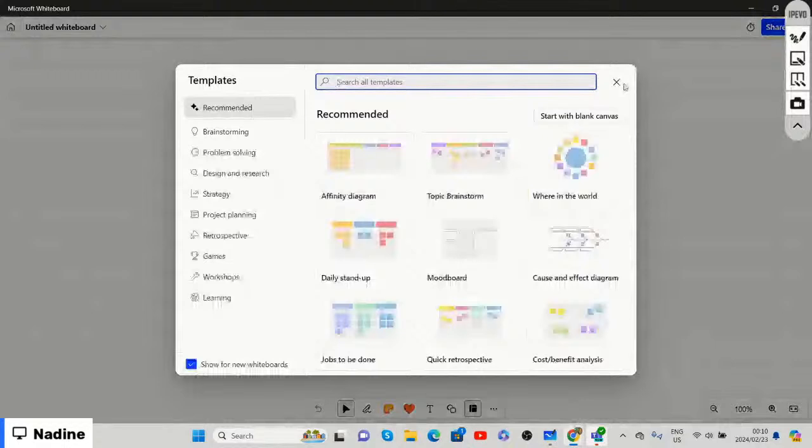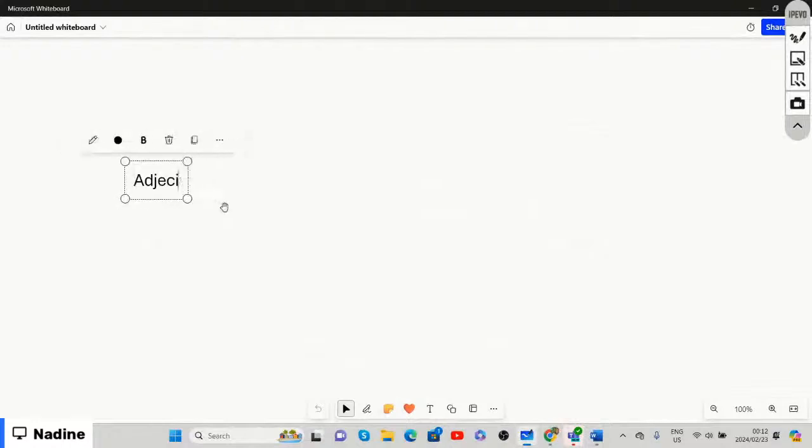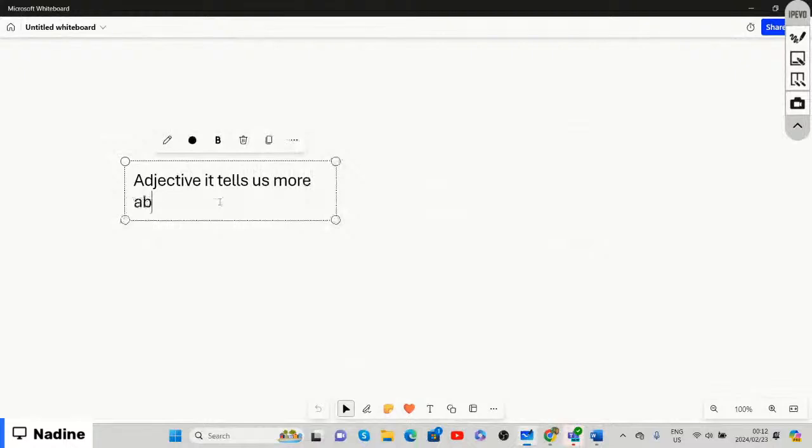So that basically tells us how many. An adjective tells us more about the noun or the pronoun, and it tells us how many and what kind.